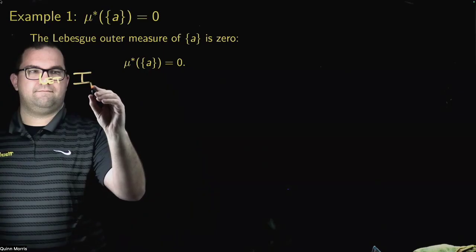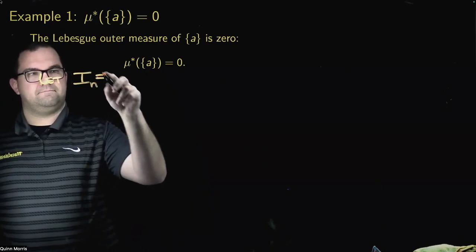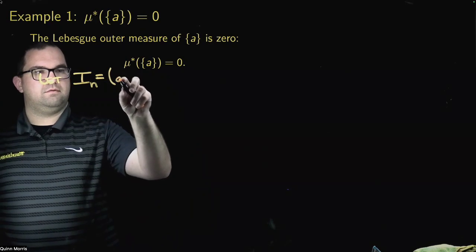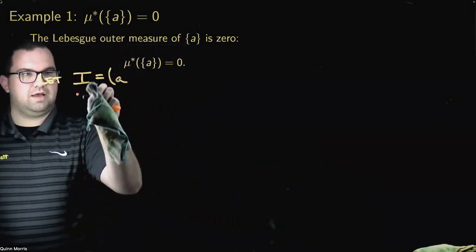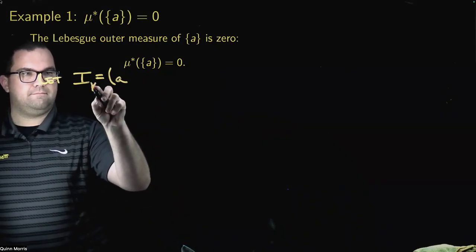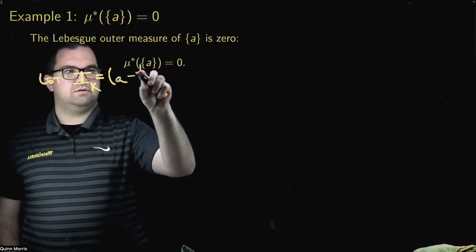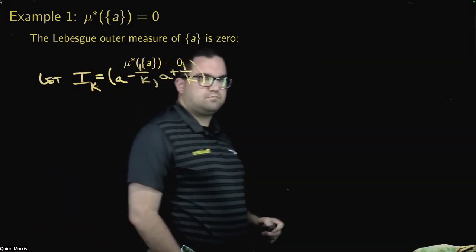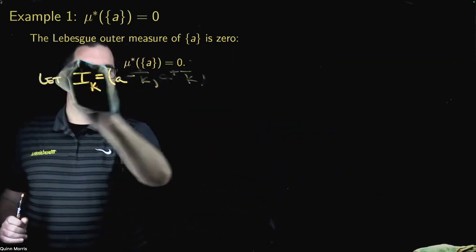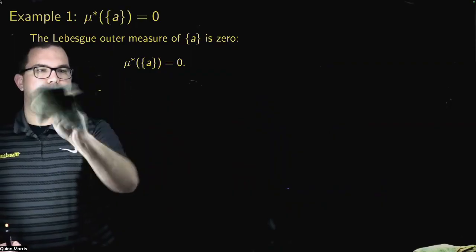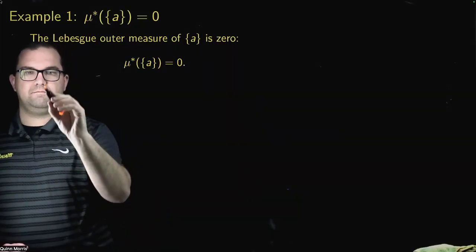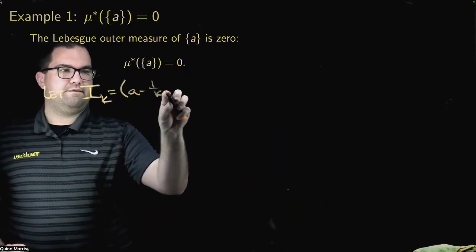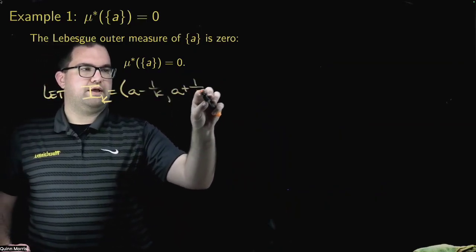Sorry, let me call this I sub k. We'll let I sub k be a minus 1 over k to a plus 1 over k.